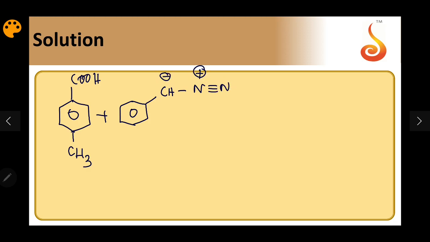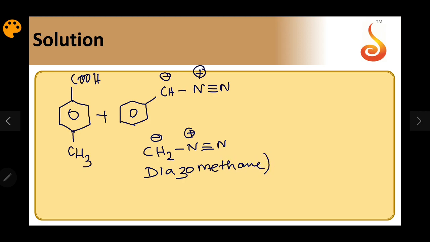Now if you see the structure of the second reactant, it is very similar to diazomethane. In case of diazomethane, CH2, N triple bond N, plus and minus. This is diazomethane. So diazomethane, if I use it for carboxylic acids, C double bond O, OH, not acid chloride, I am using it for carboxylic acid, it will undergo what is called methylene insertion.